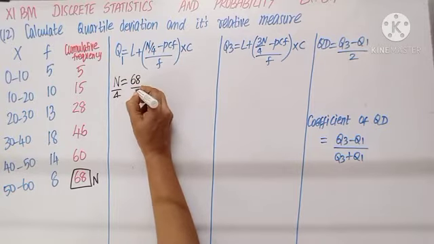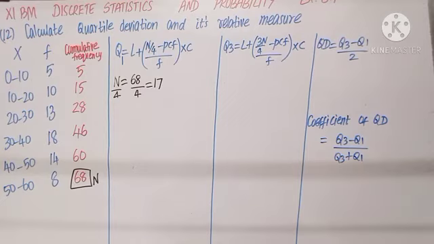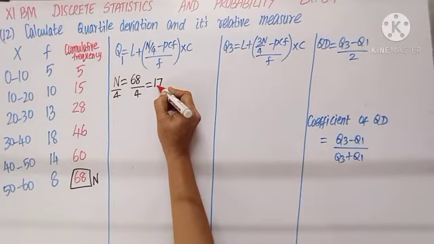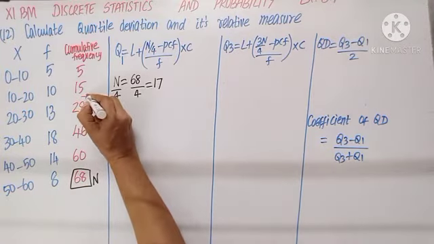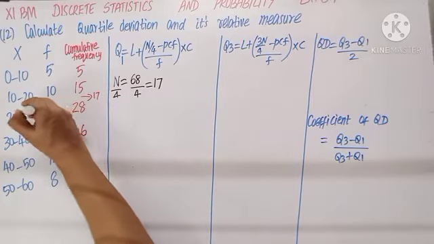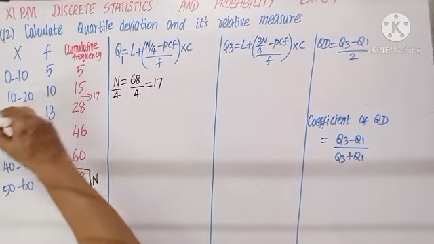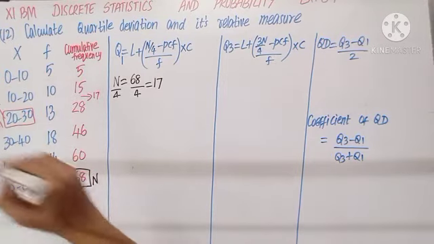So N by 4 is 68 by 4, that is 17. Check where 17 is crossed in the cumulative frequency. So 17 falls here.